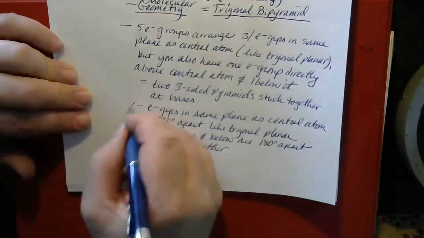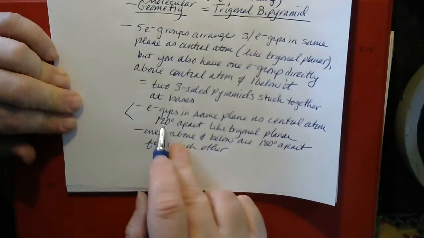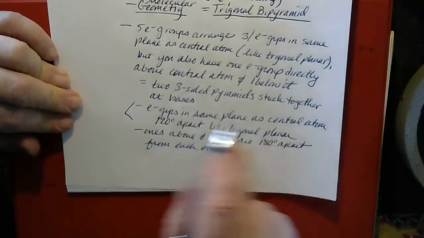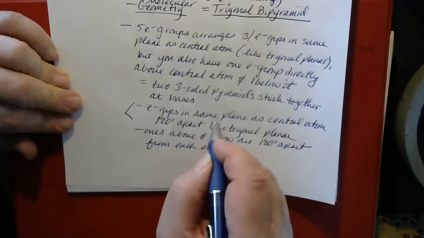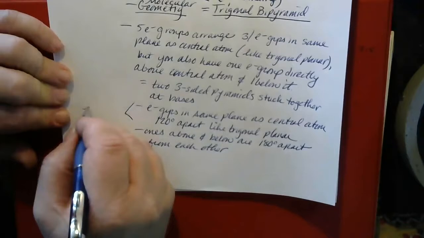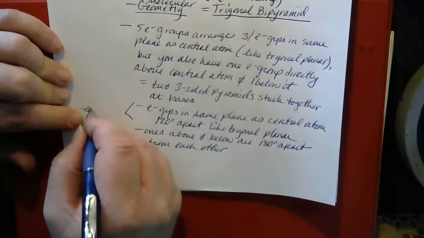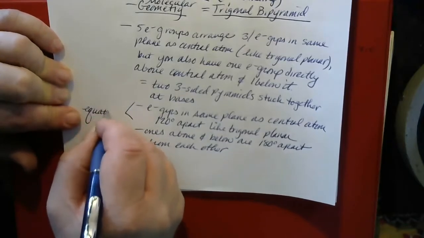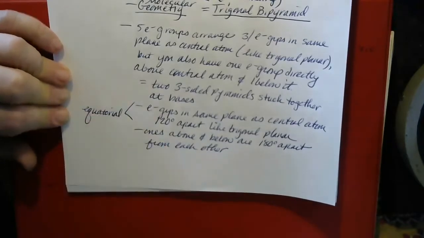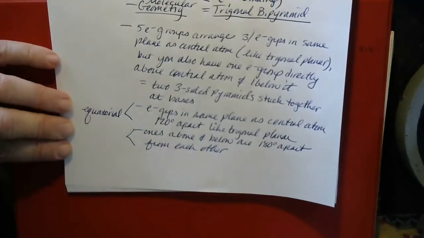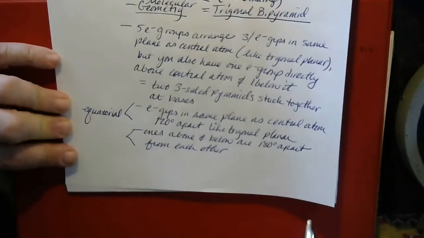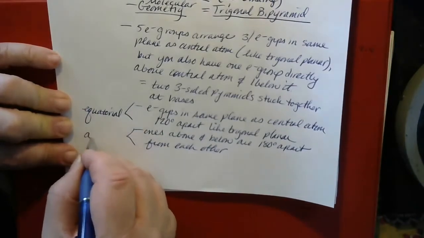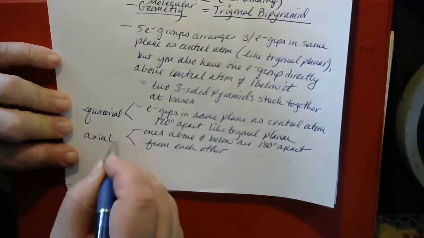Before I go on, I wanted to mention that the electron groups that are in the same plane as the central atom, the ones that are set up like trigonal planar, are known as the equatorial groups. And the other ones, the ones directly above and below, are known as the axial groups.